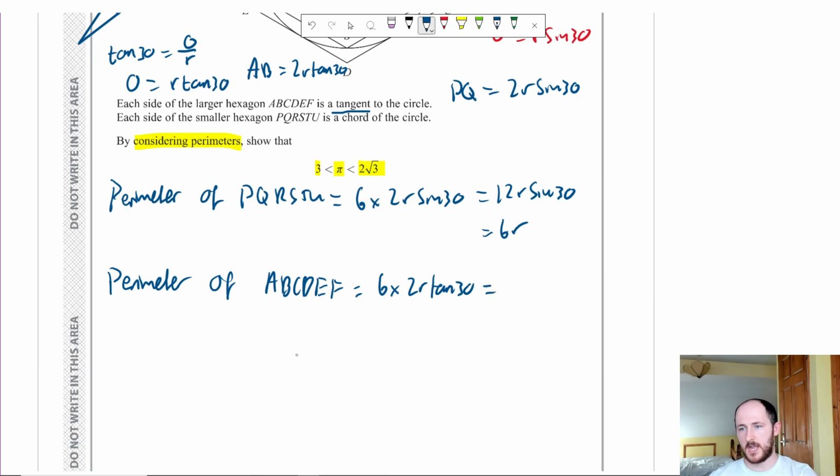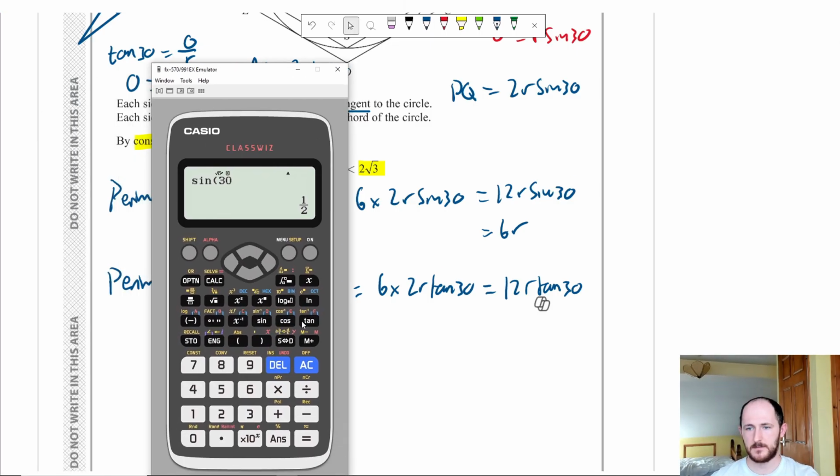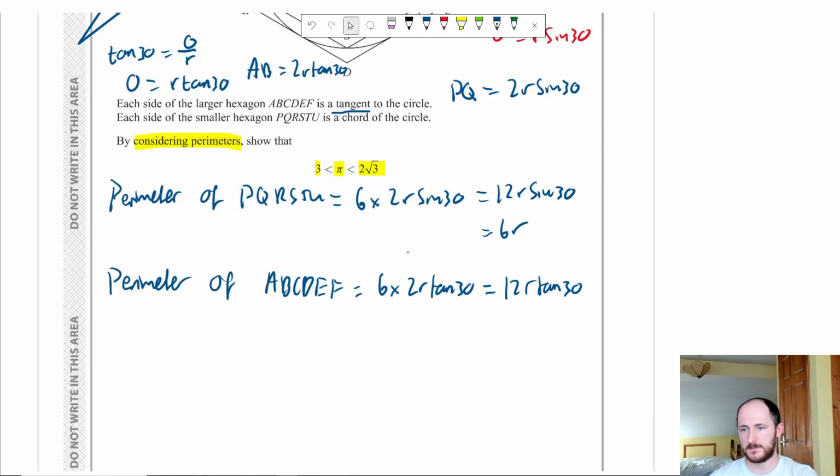So in other words, 12r tan 30. And if you remember, tan 30 is root 3 over 3. So if we do 12 times that, whoops, we get 4 root 3 r.